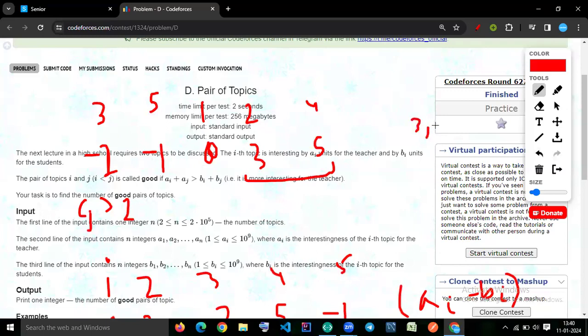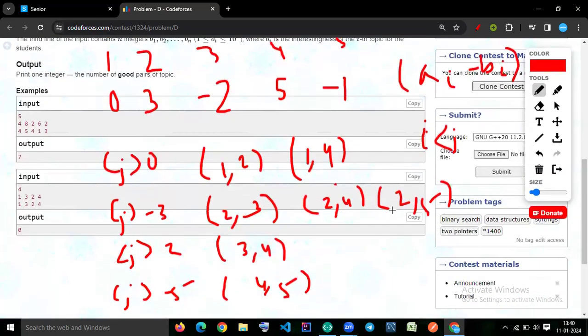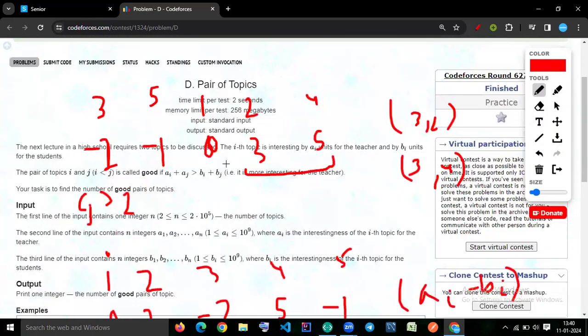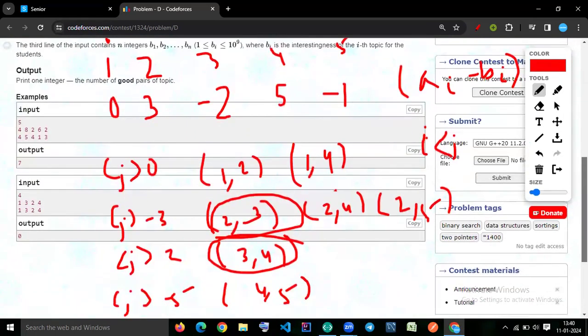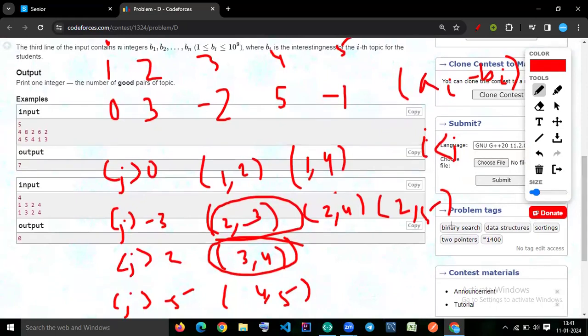Here 3, 2 and 3, 4 also work. If I find Cj greater than 1, we see these 3 pairs: 5, 1, 5, 2, and 5, 4.